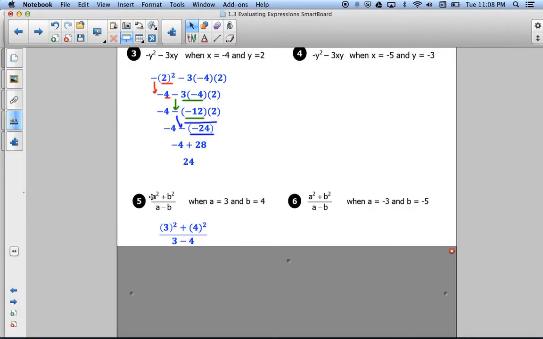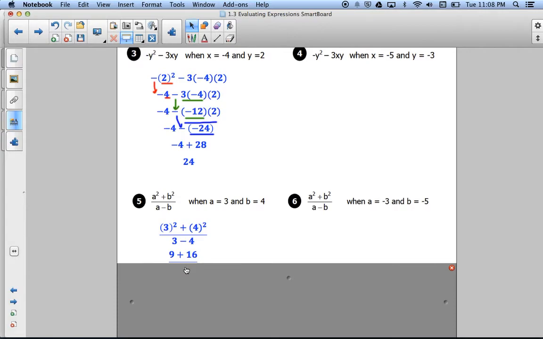So I'm going to plug in 3 for A, so I have the 3 squared plus a 4 squared. I don't necessarily need the parentheses since I don't have any negatives, but it's not a bad idea to keep them. So I'll do my exponents first, and you'll recall from our last lesson on order of operations that we're going to simplify the top and the bottom separately and then divide the two resulting answers.